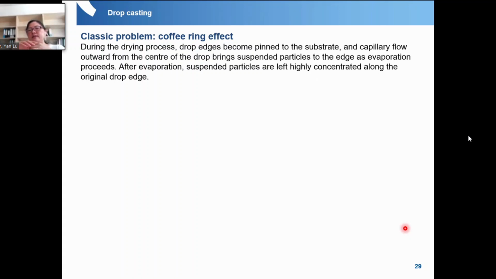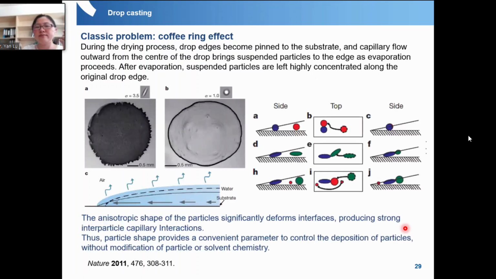And on the other side, capillary forces want to bring the particles from the middle to the edge of the drying drop when the water evaporates. And then after evaporation, of course, you have highly concentrated particles at the edge along the original drop edge. So that's why you form what we call a coffee ring.